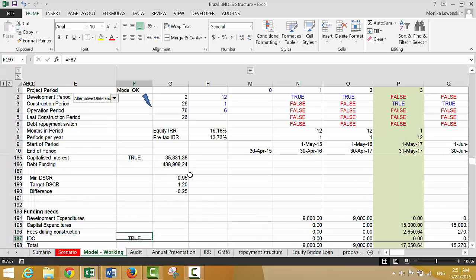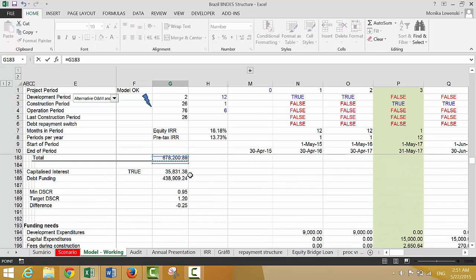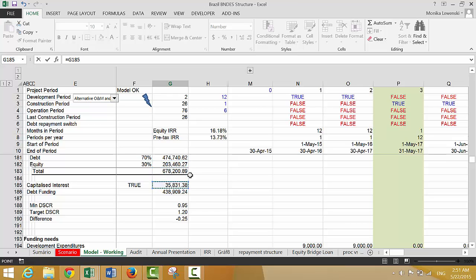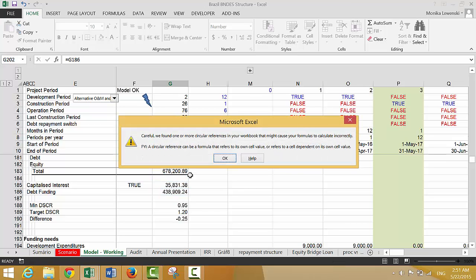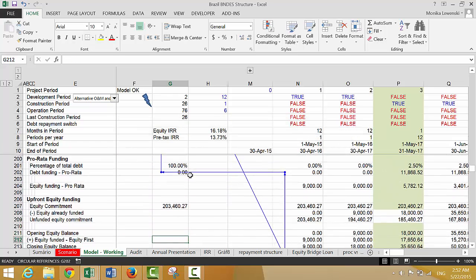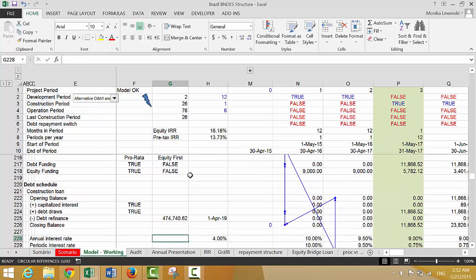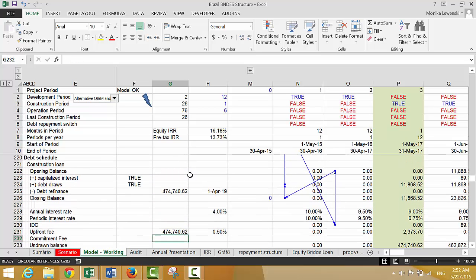Okay, and then this debt funding, we have to be careful when we look at the pro rata thing. This debt funding is reduced by the, and oh, why is that, just a minute. We're going to have another circular reference in this case, and I don't think that's that surprising.